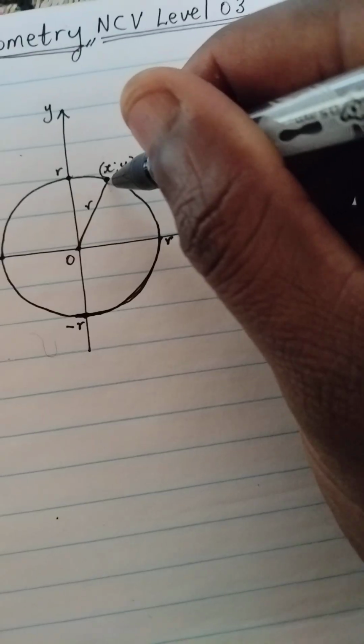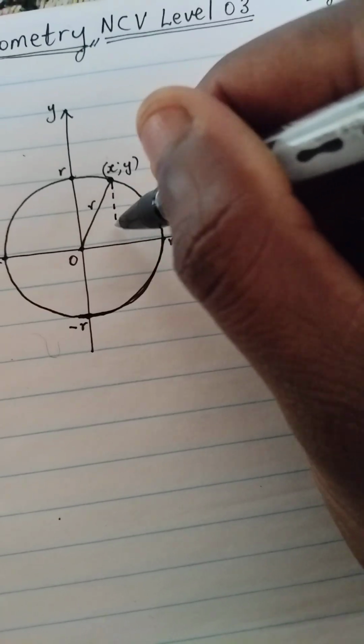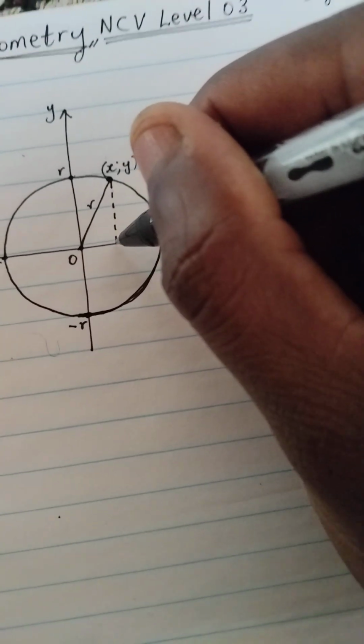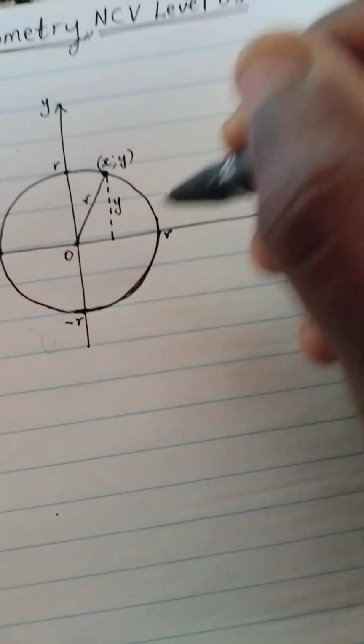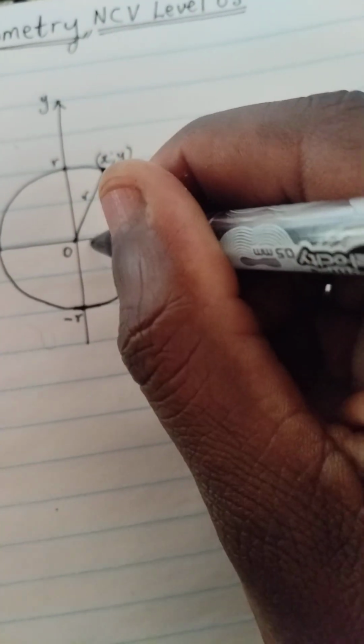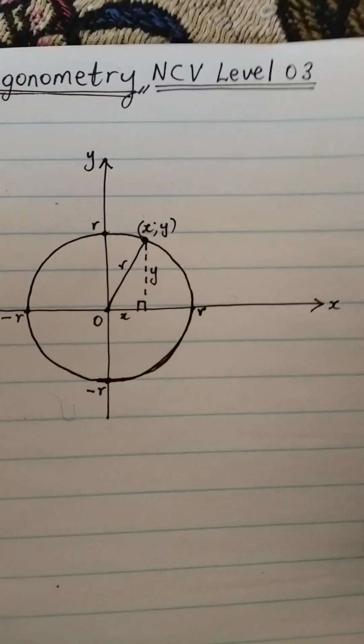The vertical length there is y, because from here up to this point is the y value. From here to here should be x. So this is 90 degrees, and we have a right angle triangle.